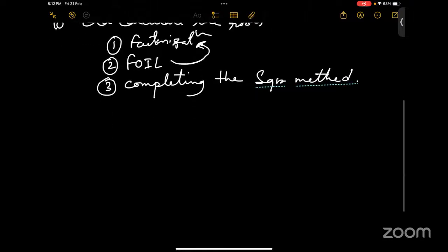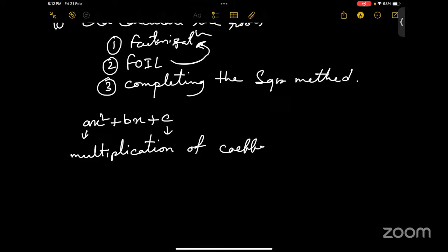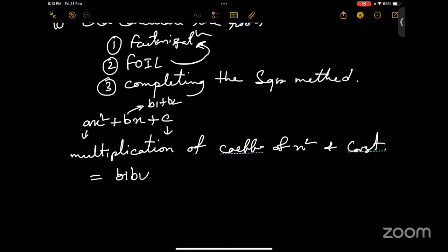So what was the FOIL method? If we had ax squared plus bx plus some c, the FOIL method says that the multiplication of the coefficient of x squared and the constant term is equal to the multiplication of b1 and b2, where b1 plus b2 we can express as b, right?